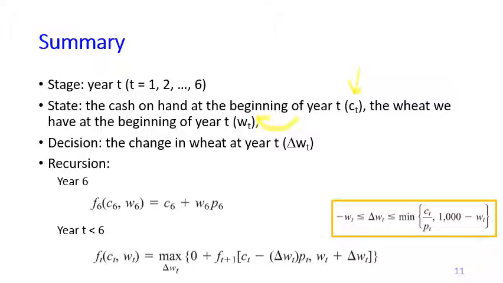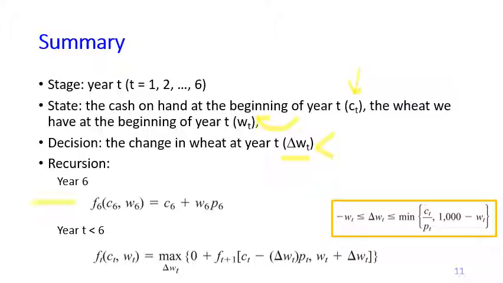If you only have cash, you can't make a reasonable decision. If you only have the information of wheat, you can't make a reasonable decision either. So that's how you know that you need these two as the states. The decision is delta WT. If it is positive, we buy the wheat. If it is negative, we sell the wheat.